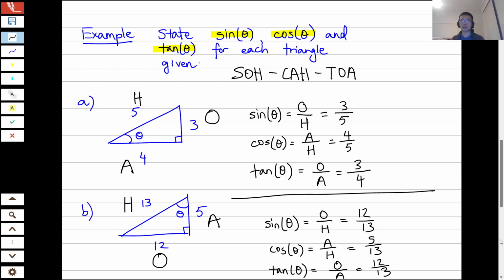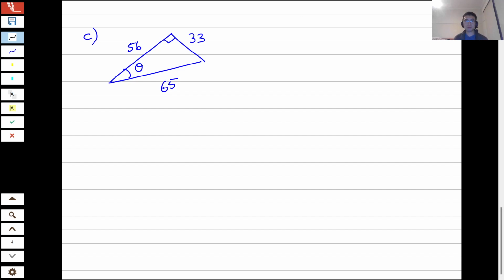All right, one more. Here's our angle theta down the bottom. What we want to do is label the sides. So the side that is facing outwards from theta is 33, so that's going to be O. The hypotenuse is facing outwards from the right angle, so that's 65. And that should be obvious because the hypotenuse is the longest side.